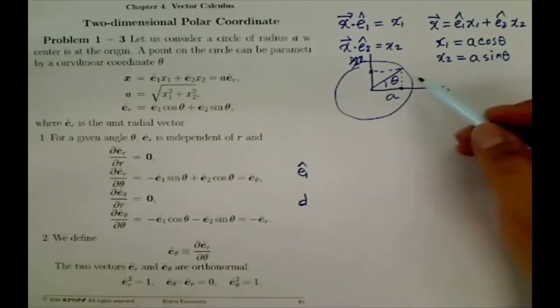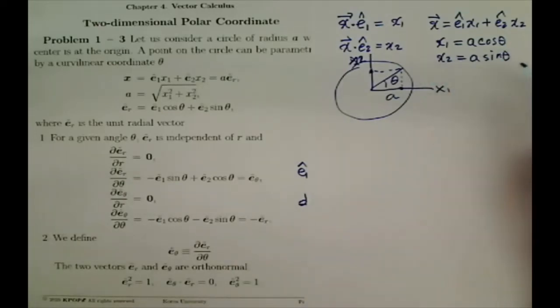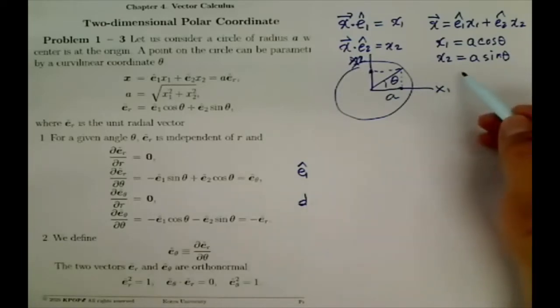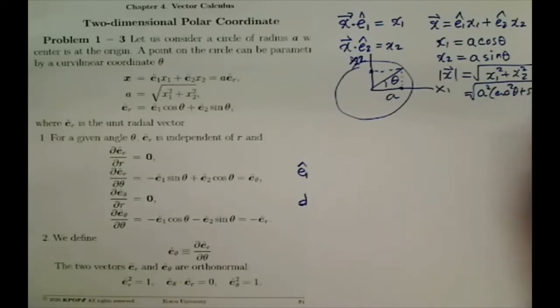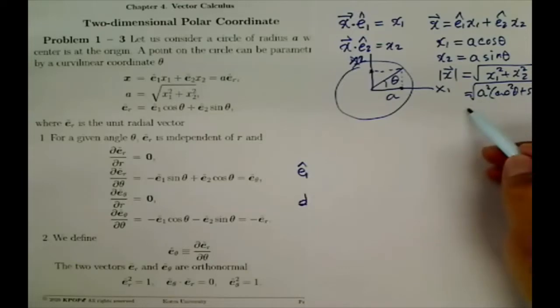If we apply the Pythagoras theorem, the magnitude of x is the square root of x1 squared plus x2 squared, that is a squared cosine squared theta plus sine squared theta, that is a.